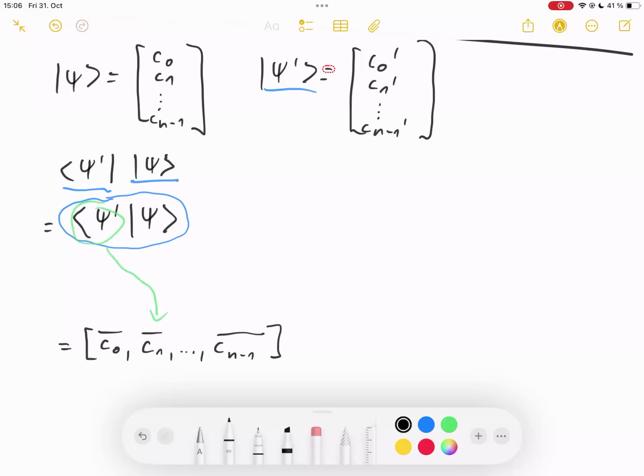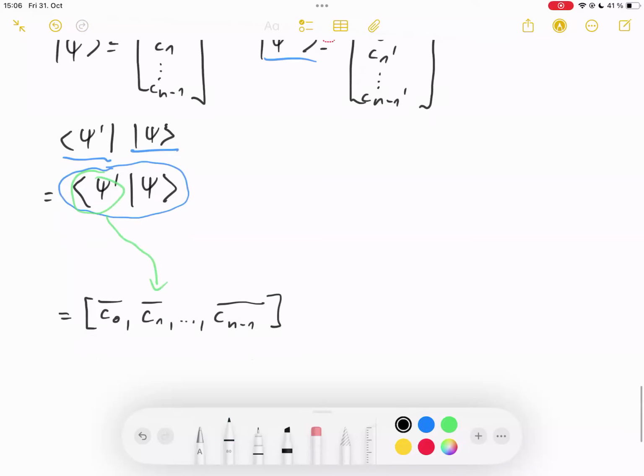Then from the right, we multiply the column vector, which is our |ψ⟩ ket: c0, c1 up to c_{n-1}.